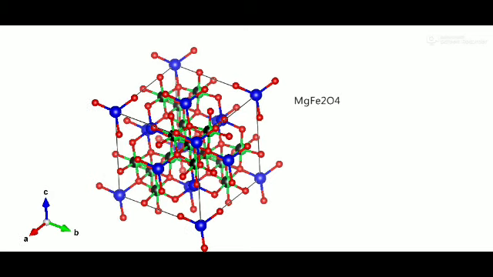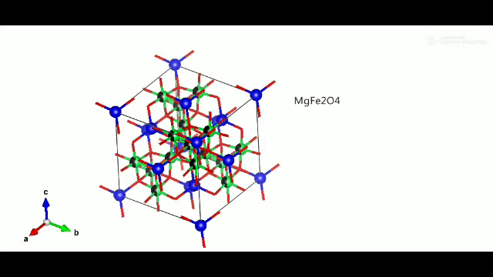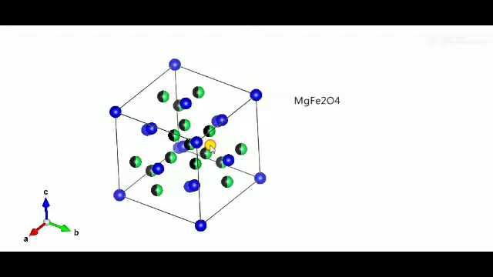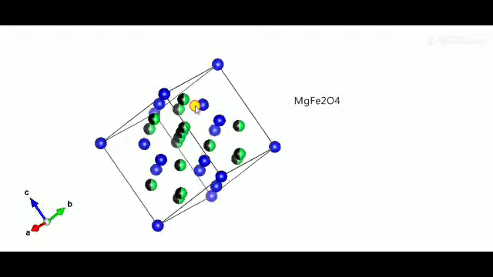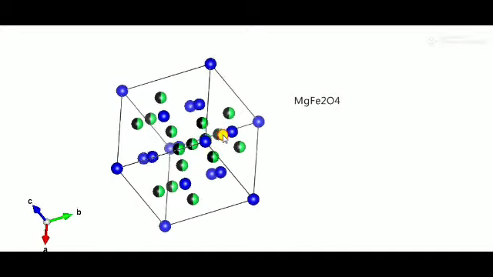Now I'm going to remove all the oxygens, and remove the bonds also from this structure. This structure now looks like this in the cubic form.